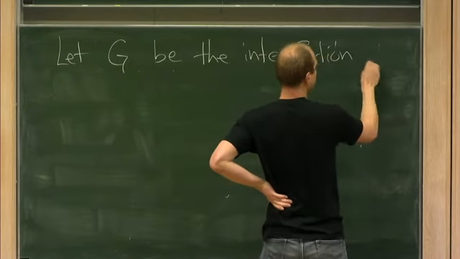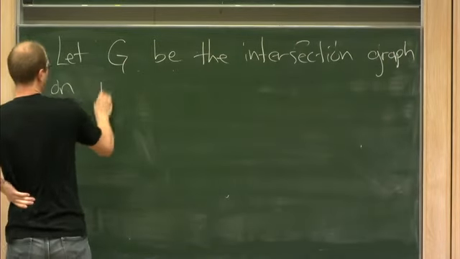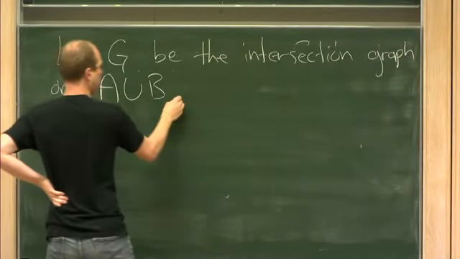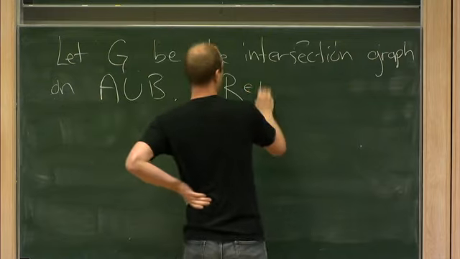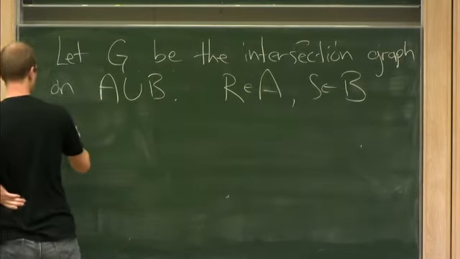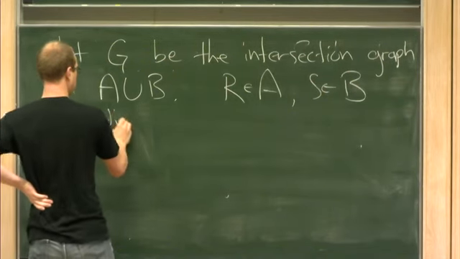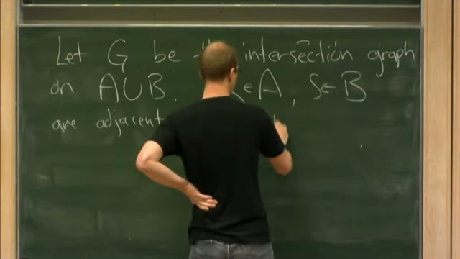So let G be the intersection graph on A union B. That is, if I have R in A and S in B, they are adjacent if their intersection is nonempty.